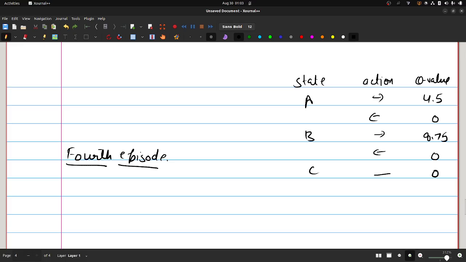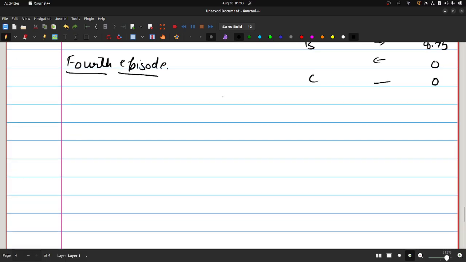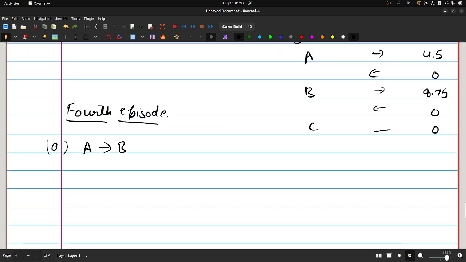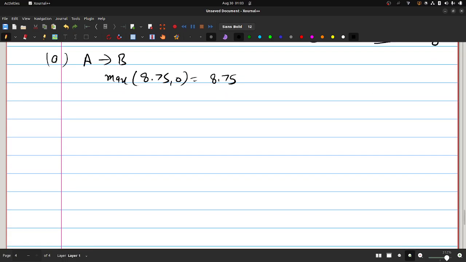Right? So let us again start from state A. In the first step, A to B. What is the next best Q in B? It is 8.75, right? So max of 8.75 and 0, which is 8.75. And what is the Q value for A when it takes a right action now?